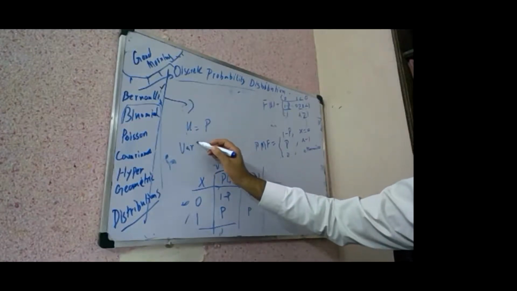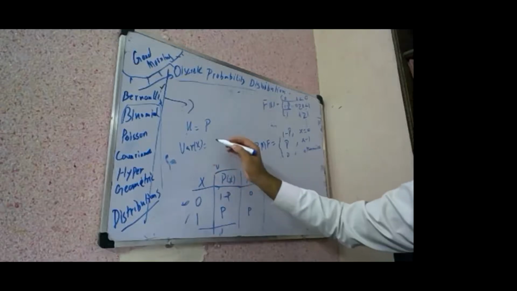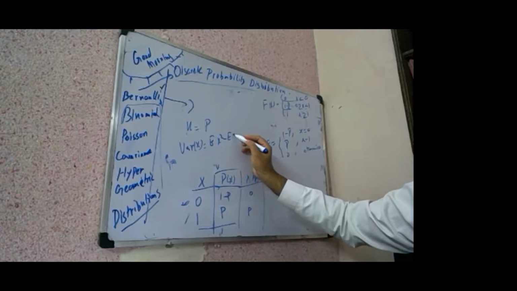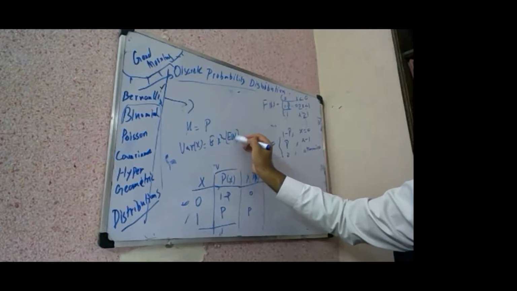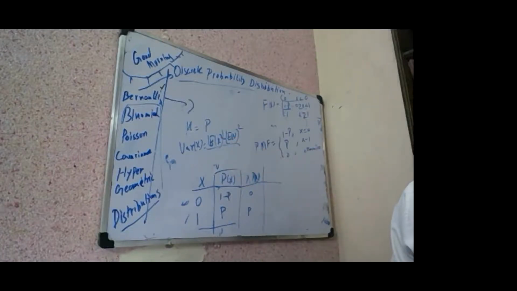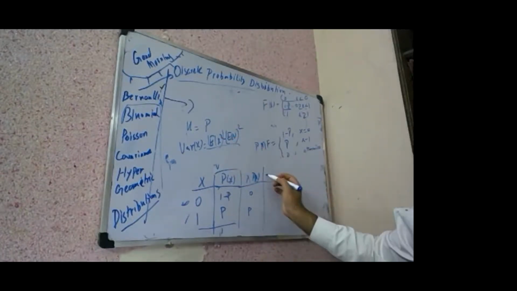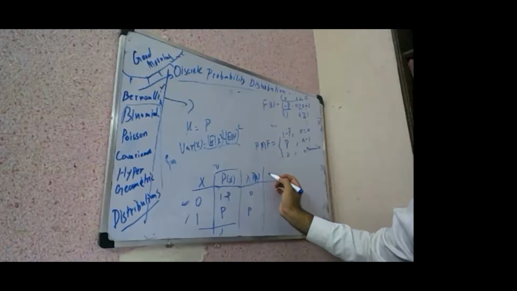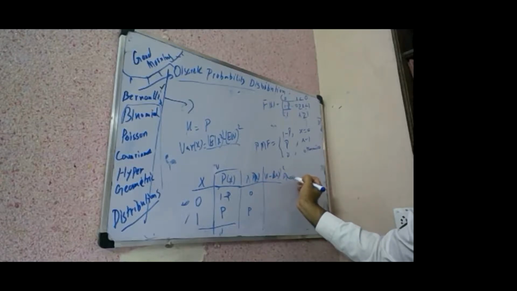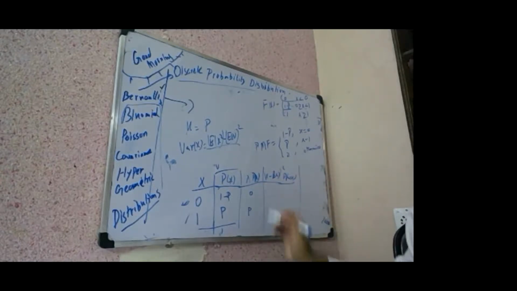The variance of X, we know, is the expected value of X square minus the expected value of X whole square, right? So you can simply say here X minus the expected value of X, and you can get into probabilities. That's the variance, so you can calculate it.